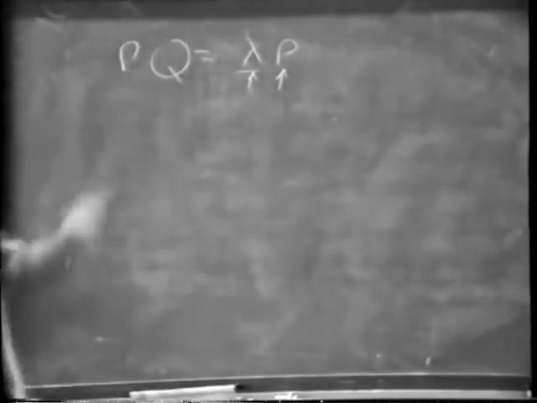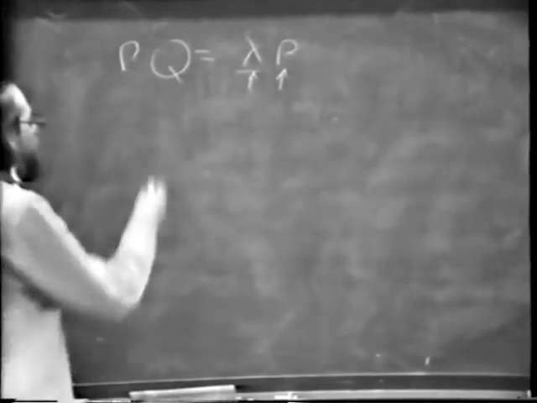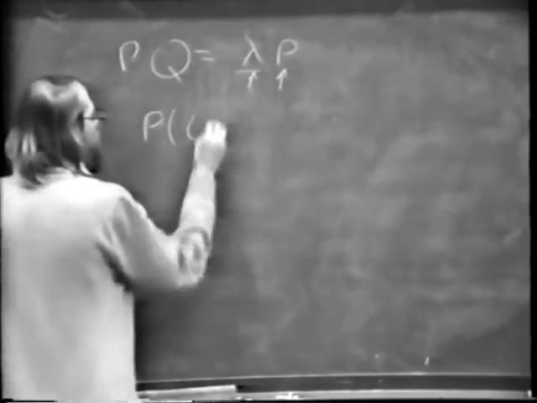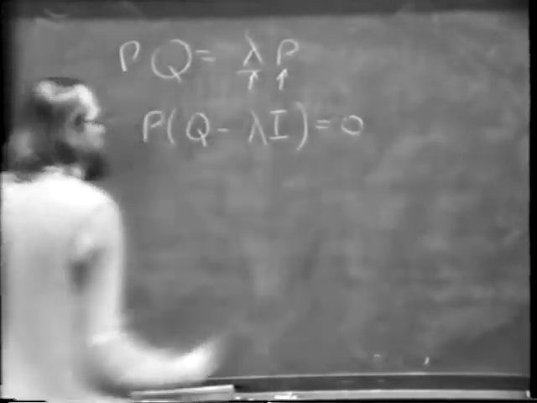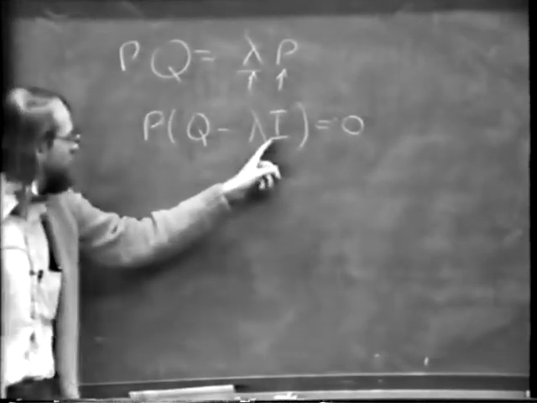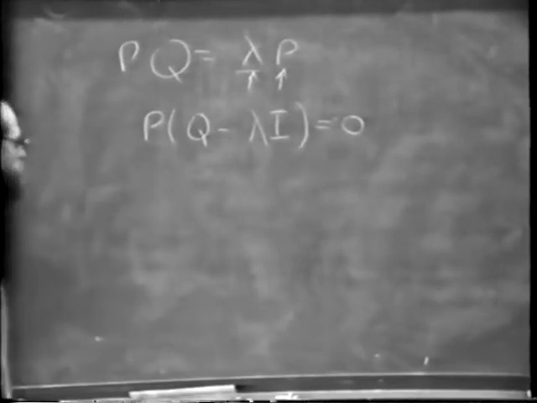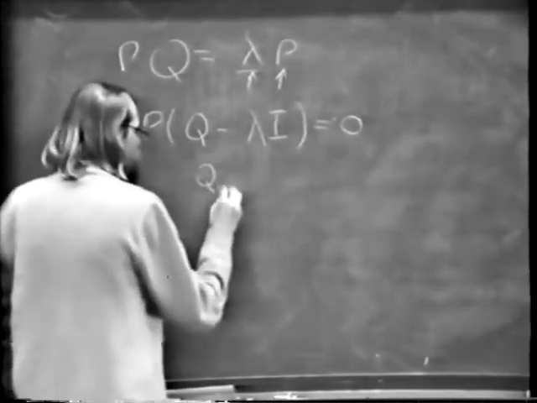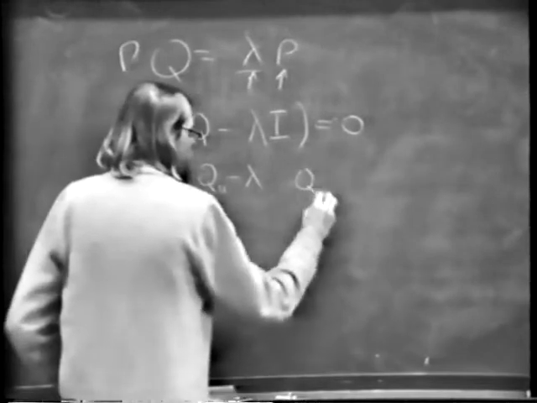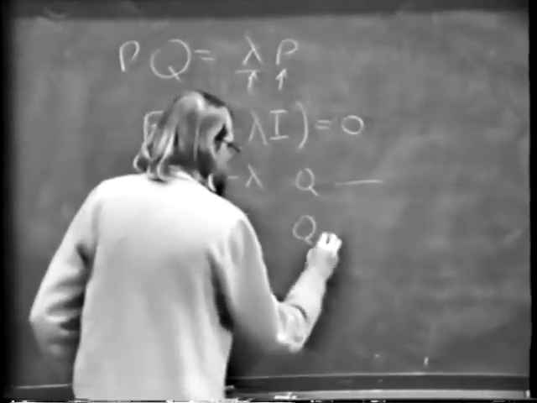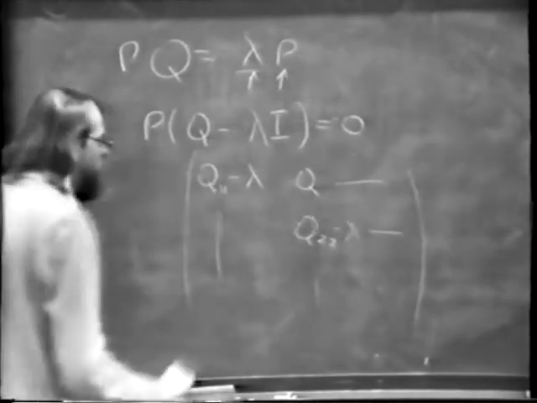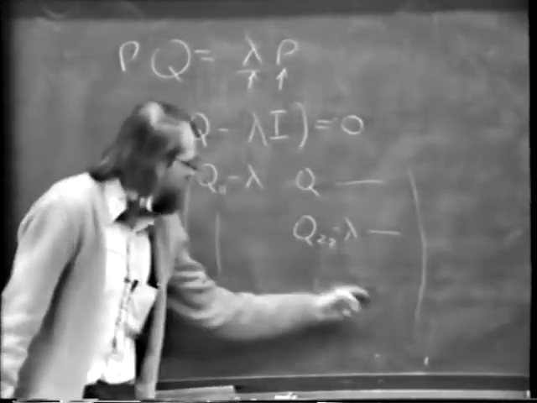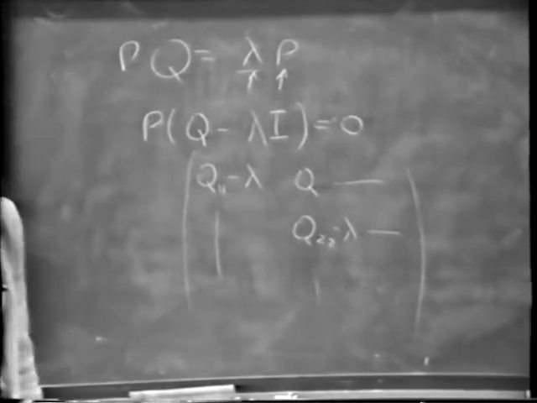Now, if you take this equation and solve it for p, you come up with something like this. I means the identity matrix. Basically, what you're going to do here is go through and say q11 minus lambda and so forth, q22 minus lambda and so forth. You're subtracting lambda off of the diagonal elements of q.